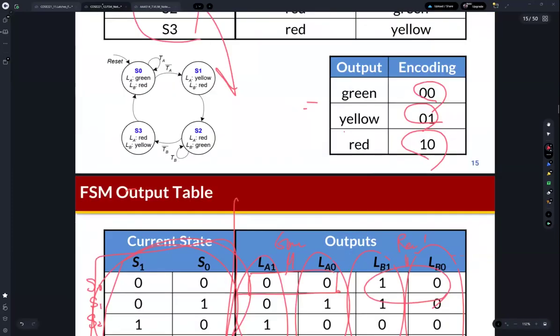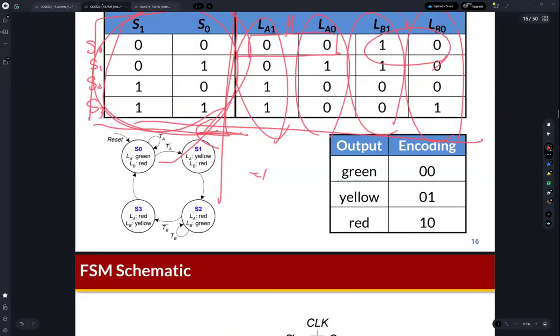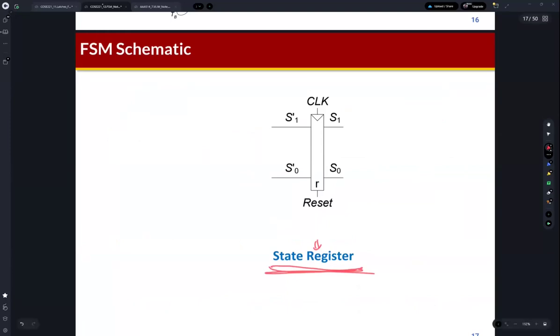In order to represent 4 different states, we require 2 bits. So this is the D flip-flops. There are 4 different states from S0 to S3, and in order to represent these 4 different states, we require 2 bits, S0 and S1.